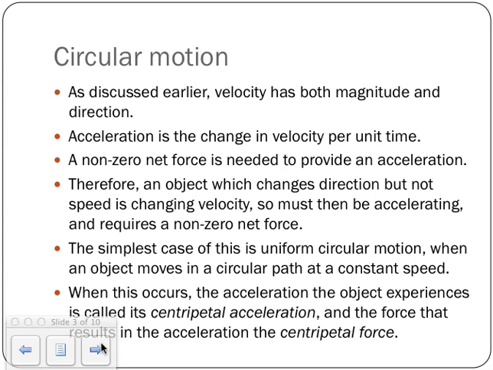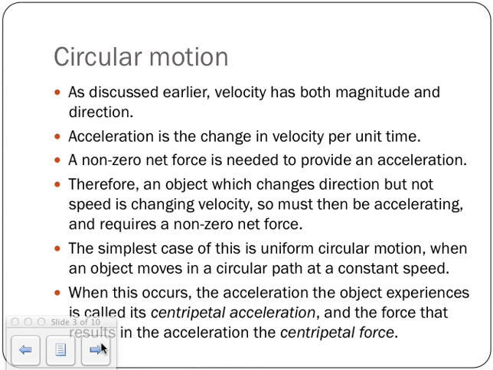So if there is a change in velocity, we should have an acceleration. But if we have an acceleration, we must have a non-zero net force on it to cause that acceleration. If we have a net force, we will have an acceleration, and if we have an acceleration, we have a change in velocity.